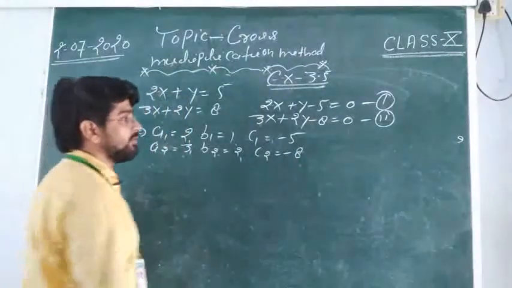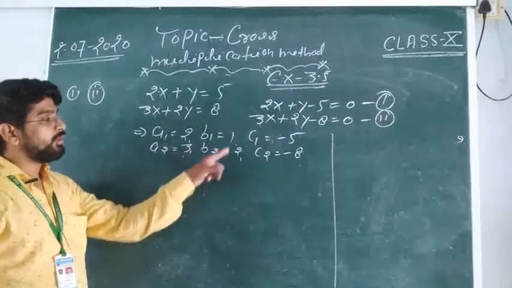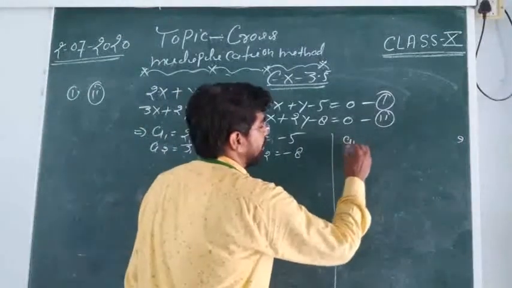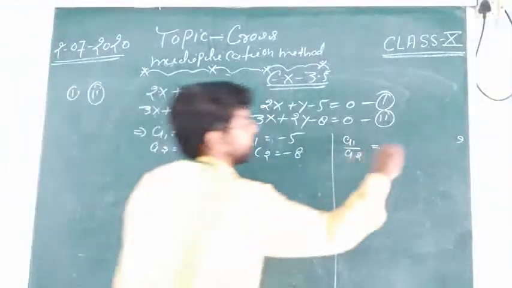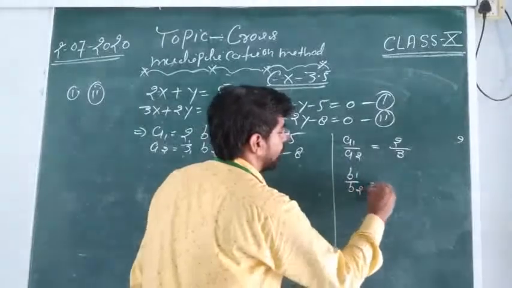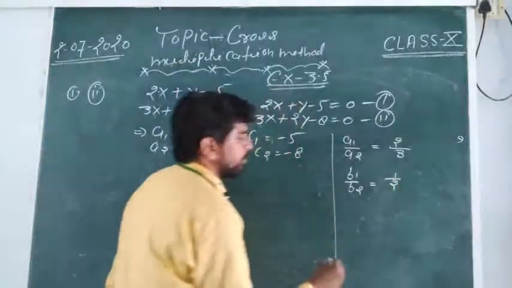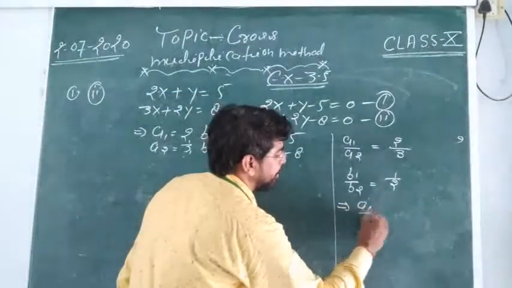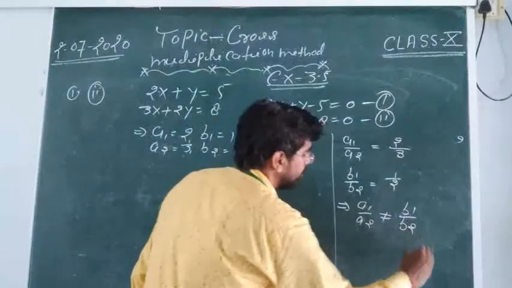Now student, you can see here a1 upon a2 is 2 upon 3, and b1 upon b2 is equal to 1 by 2. This implies a1 upon a2 is not equal to b1 upon b2.